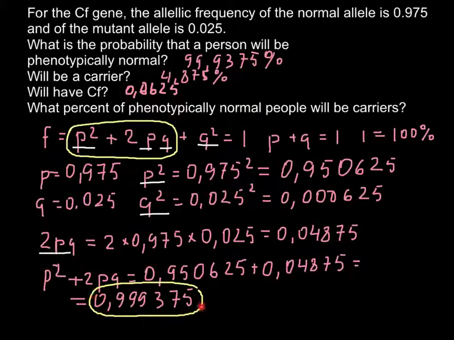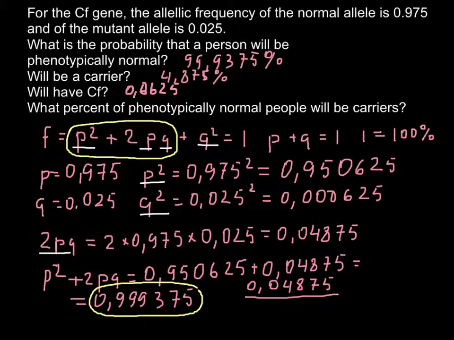Now we have to divide the number of the heterozygous by this number. We have to divide 0.04875 by the total number of the people who look phenotypically normal.